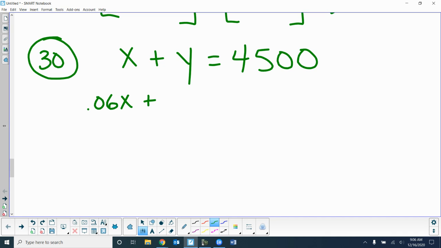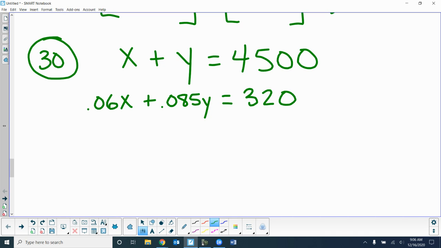The other one was 8.5%, so you multiply by 0.085. That's moving the decimal point 2 to the left. Equals how much they made in interest, which was $320. So if you have that type of problem, you set it up that way.